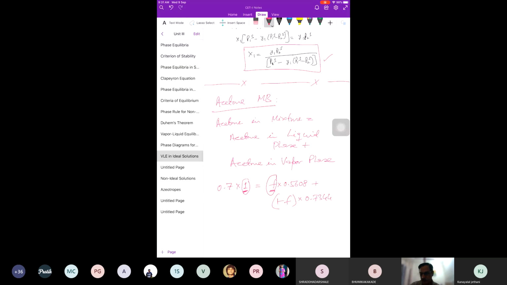So that means whatever composition was given, it is in the liquid plus vapor region. वहाँ पर थोड़ा liquid होगा, थोड़ा vapor होगा, and we'll get two phases. One is liquid with 0.5608 acetone, one is vapor with 0.7344 acetone.